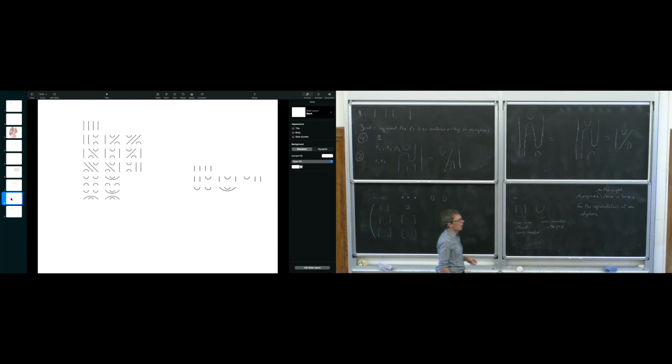For instance, if I act on the second diagram with E3, I preserve the number of strings going through, but if I act on the second diagram with, say, E2, I'm also preserving the number of strings going through, but sooner or later, if I act, say, with E1, E2, I'm going to decrease the number of strings. So the different elements of the algebra act on the three diagrams in the middle row by either conserving the number of strings or decreasing the number of strings.